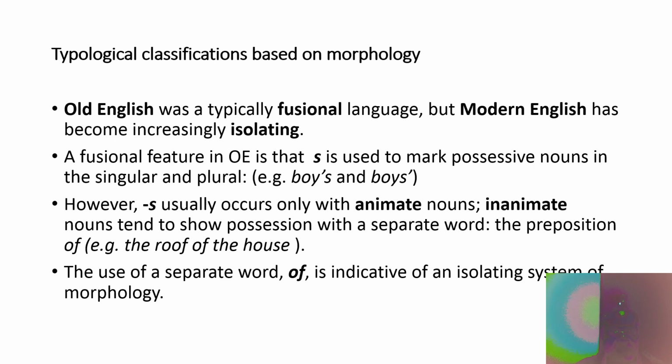So we have to say the roof of the house. In modern English, we cannot say the house's roof. This may be acceptable in Old English, but in modern English, no. We cannot use the apostrophe S to refer to possession with inanimate nouns. Okay, and this shows us that English, modern English, is more isolating than fusional.